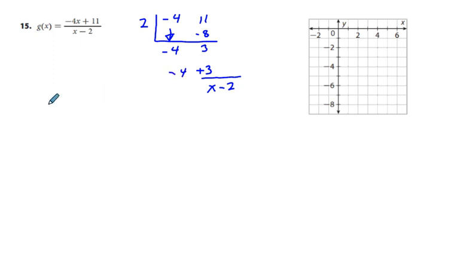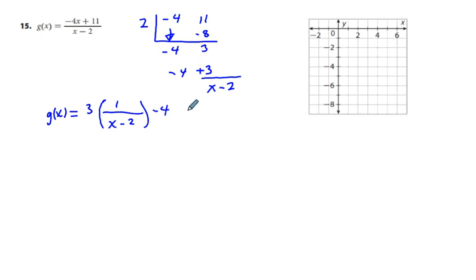So we can write this as g of x equals 3 times 1 over x minus 2, minus 4.